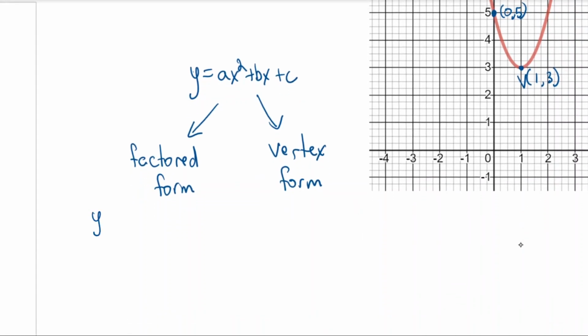So like this form very quickly and easily helps us find the x-intercepts. And this form here very quickly and easily helps us find the vertex, and we can use the pattern to get the other points. I hope this helped.